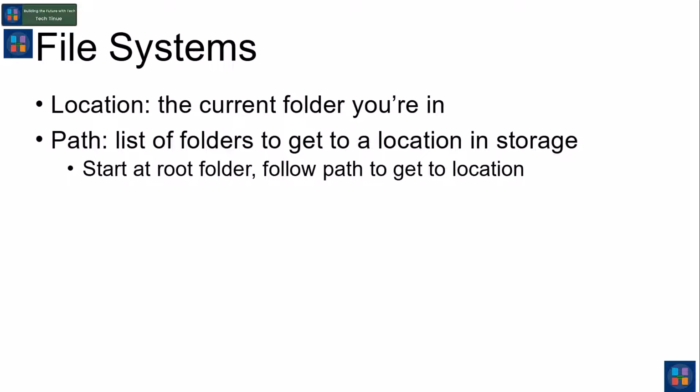From there, you click on the Word folder, and that will take you to the inside of the Word folder. So that path will start at the root folder of a specific storage device, and then it will follow that list of folders in order to get to the final location that the path leads to or points to.